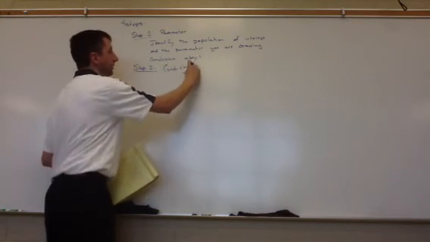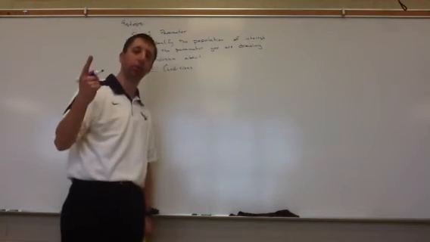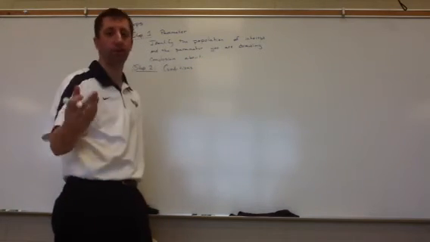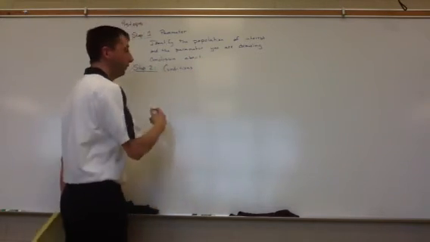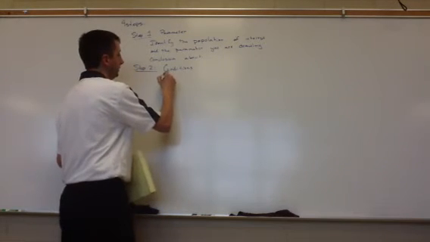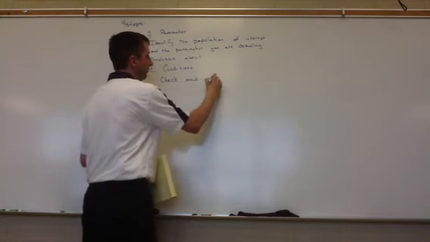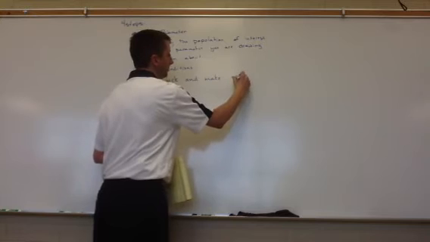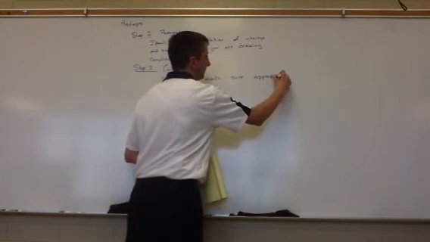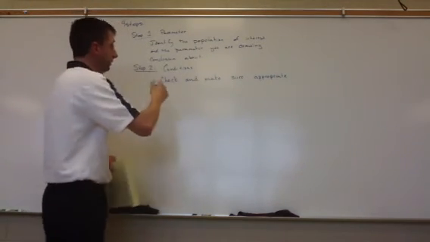In different inference problems, we're going to have different conditions. Right now, we only have one set of conditions. We have those 1, 2, and 3 conditions we have to meet if we're going to do a confidence interval. So we always have to check and make sure that appropriate conditions are being used.